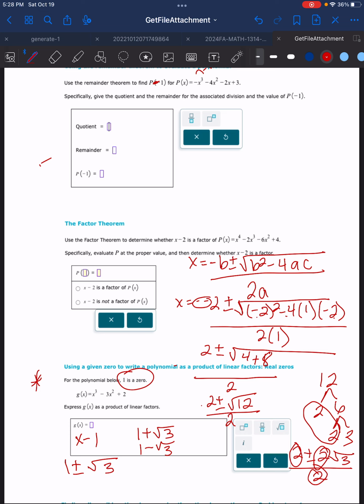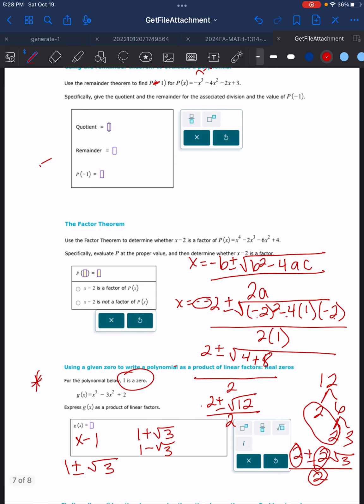Okay? And all of these were C's. So this is C, and if C is X minus C, so X minus all this is C. Okay. All right, let's keep going.